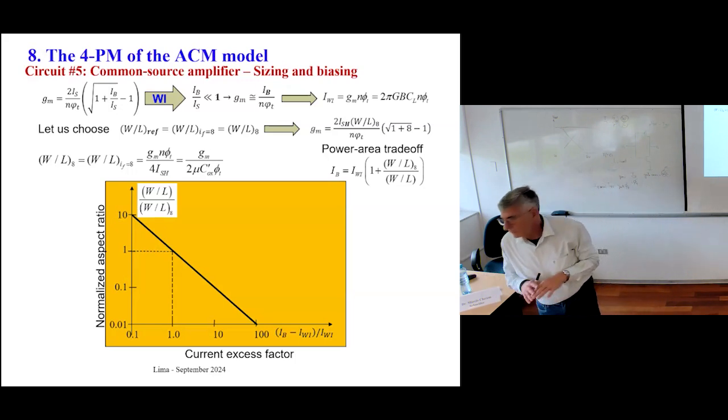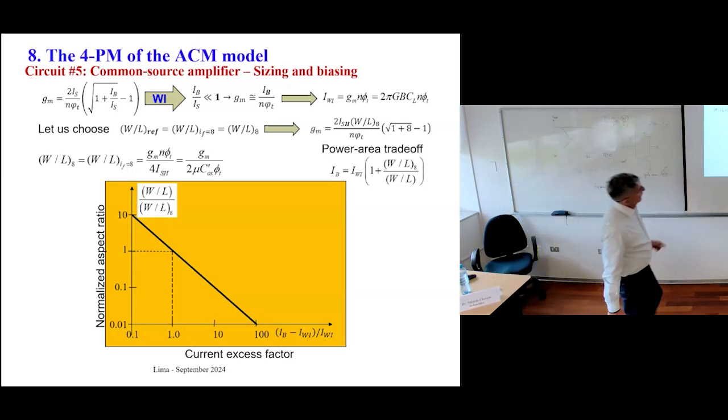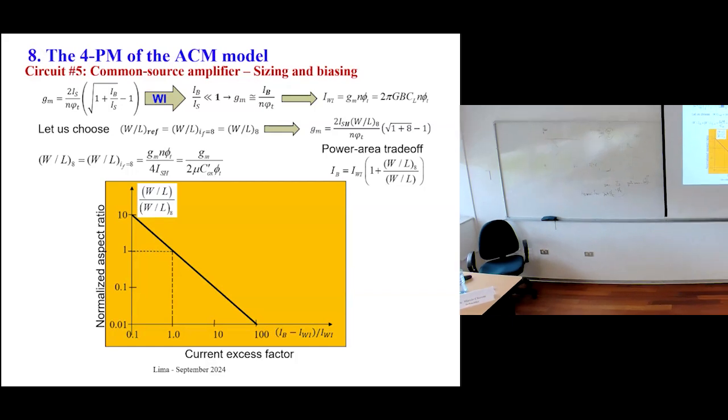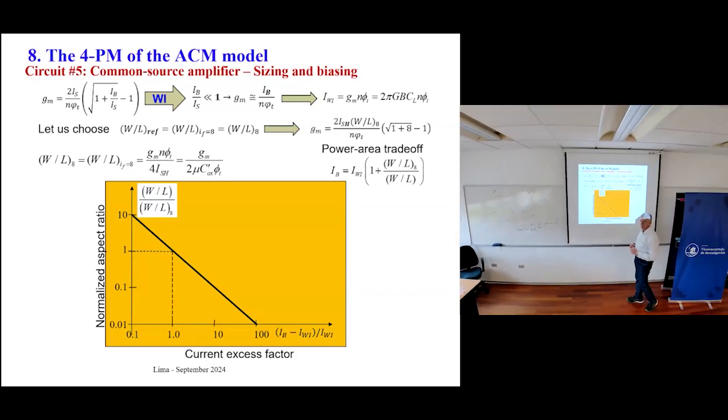Let's put it for a simple design. And this axis is the current excess or the relative current excess relative to the minimum that I have.